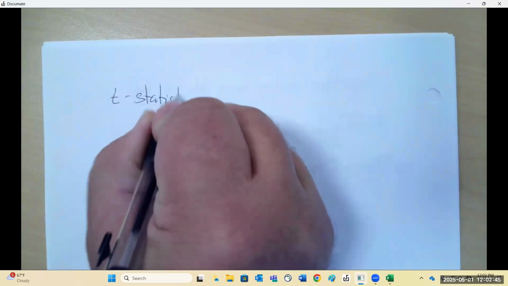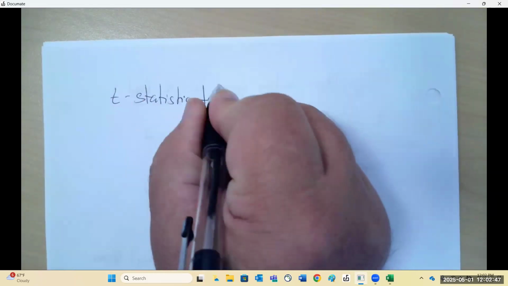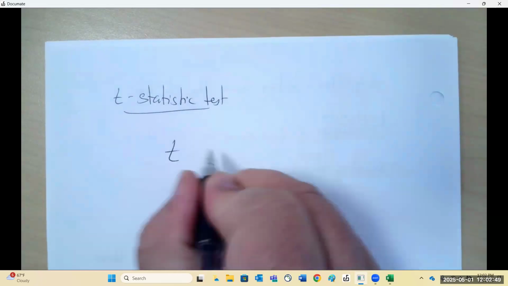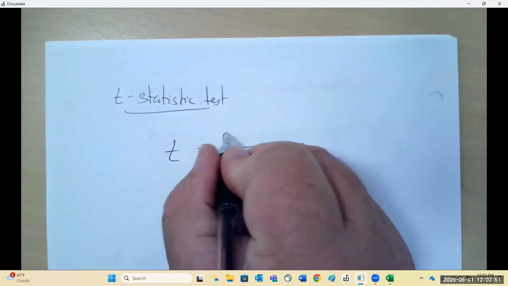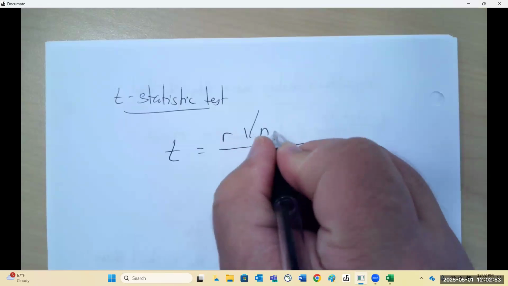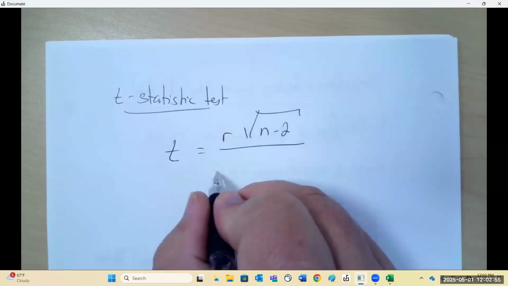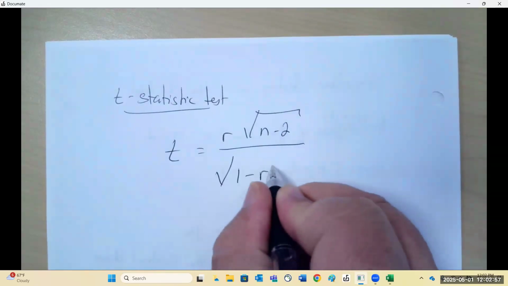The t-statistic test looks like this: t is equal to r times the square root of n minus 2 over 1 minus r squared.